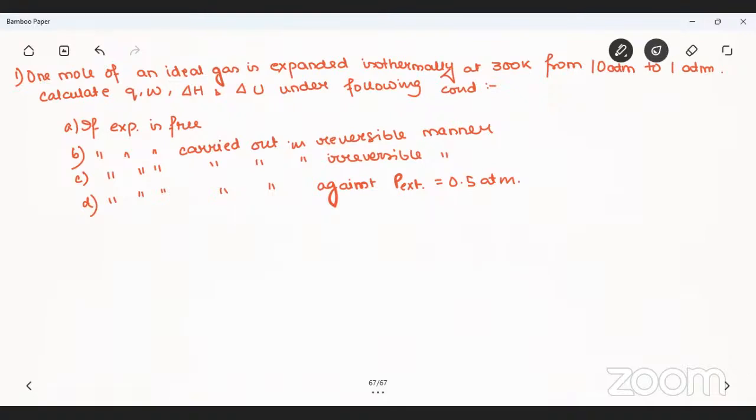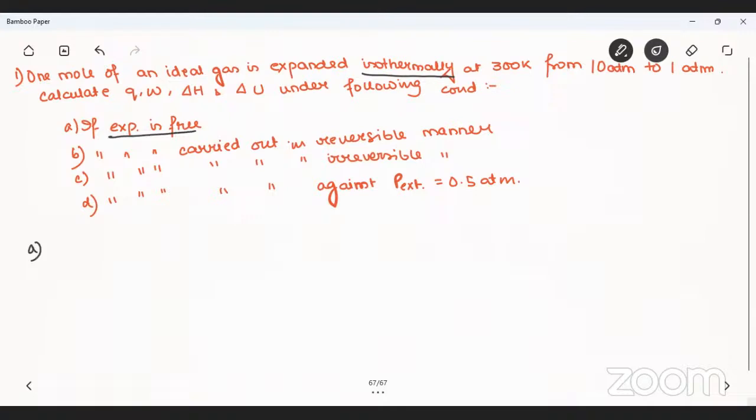See, what it has been told is that we have to calculate the work done, heat transferred, enthalpy change, and the internal energy change for 1 mole of an ideal gas undergoing isothermal expansion. Keyword: isothermal expansion at 300 Kelvin under different conditions. So first condition is expansion is free.